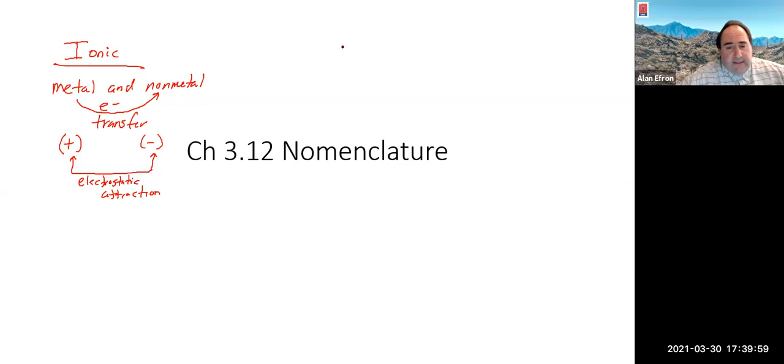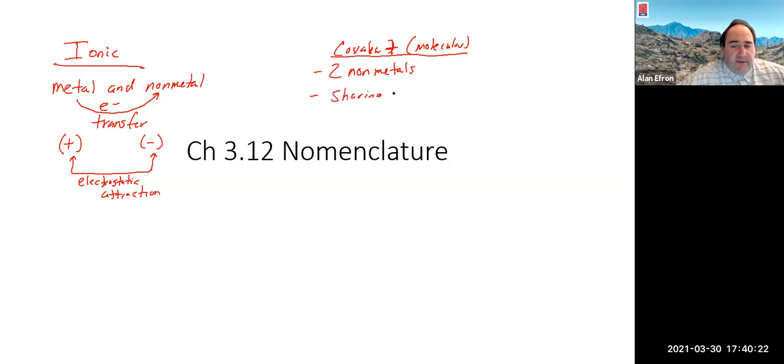That's different than a covalent bond or a covalent compound, or molecular compound, which is usually between two nonmetals. When we have two nonmetals, like we talked about with bonding, we do have sharing of electrons, and it's that sharing of electrons that holds the compound together.